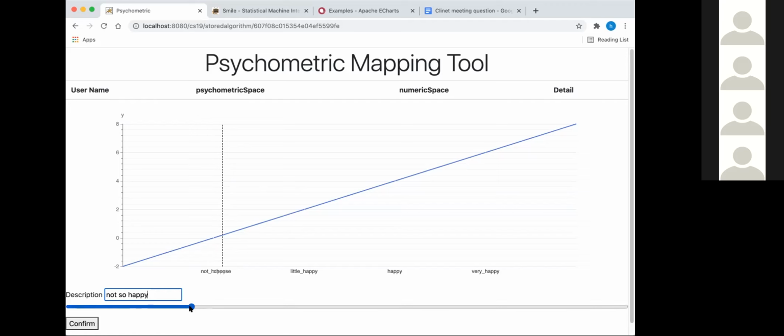If the actual data is there, then we can store it. Well, if you can provide this type of user interface, saying, if I want to define not so happy, based on the user's response, you can say not so happy is around here on the x-axis.